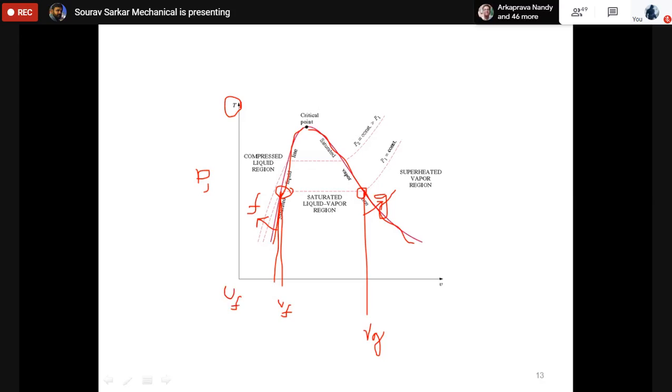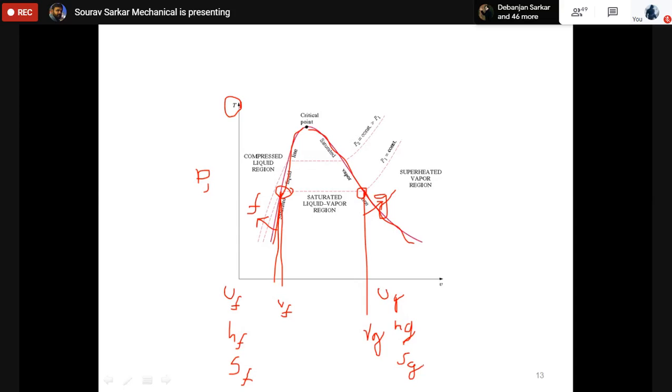The internal energy of this point is UF. Here simultaneously I have UG. Here I have HF. Similarly, I have also Hg. Here I have SF. Here I have Sg.